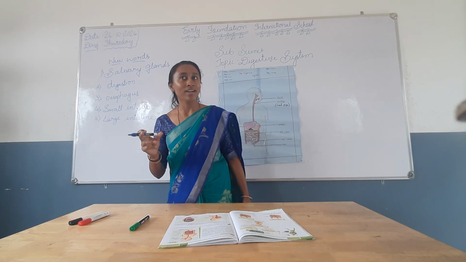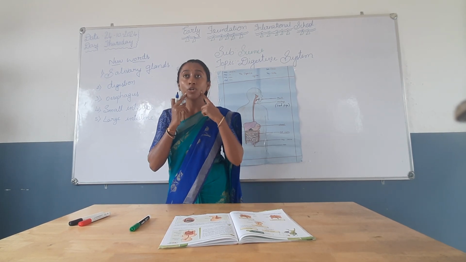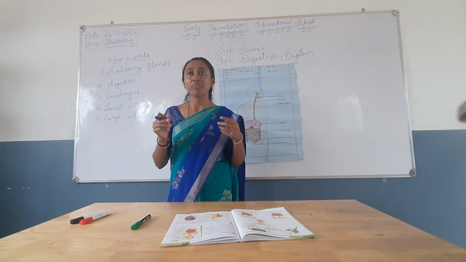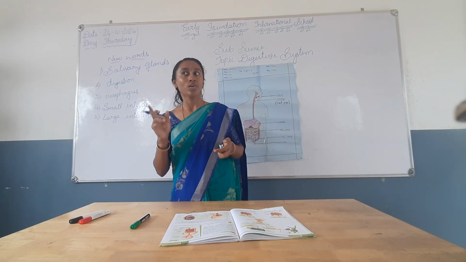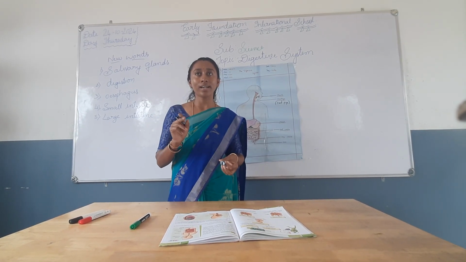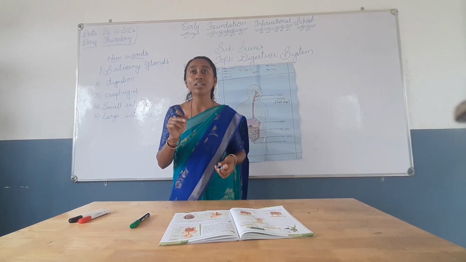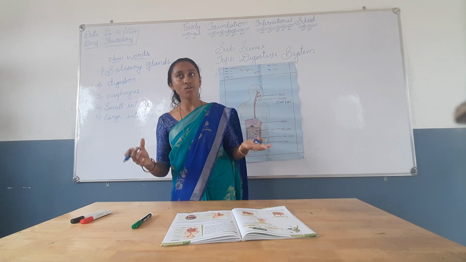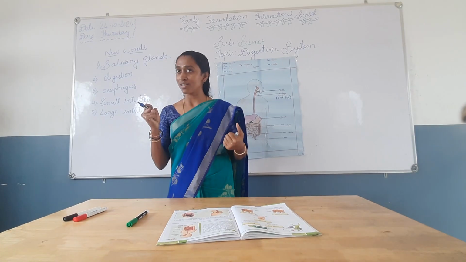The salivary gland is present in our mouth below the tongue. Saliva in Kannada we call enjil. Salivary glands are very important for digestion. Without saliva, we cannot talk or chew the food.